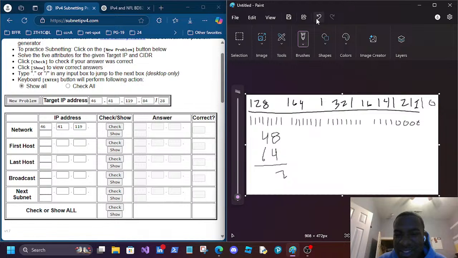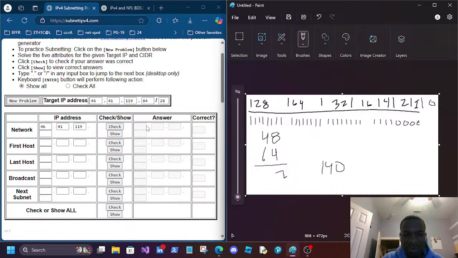I just had to make sure. 112 plus 128, 0, carry 1, 3, 4. 140. Oh man, 140. I say 140. That's gonna be my network.